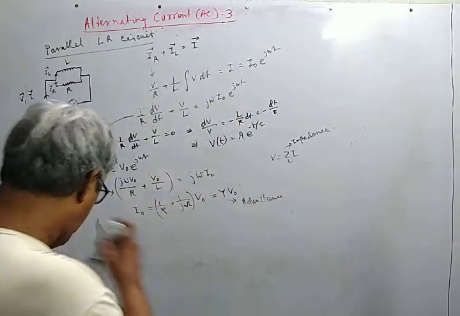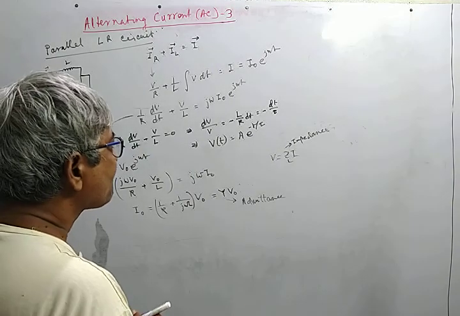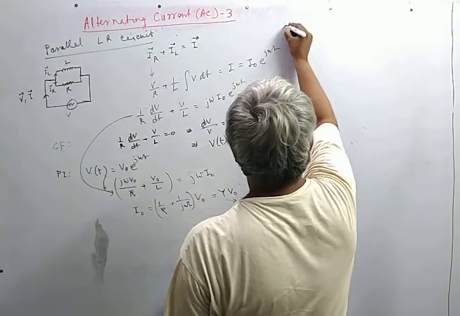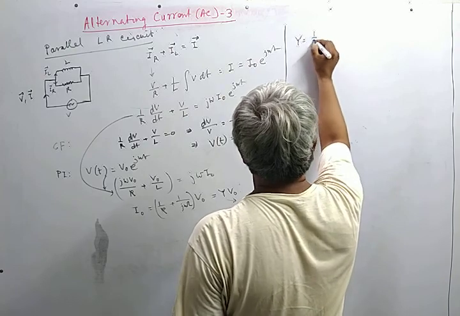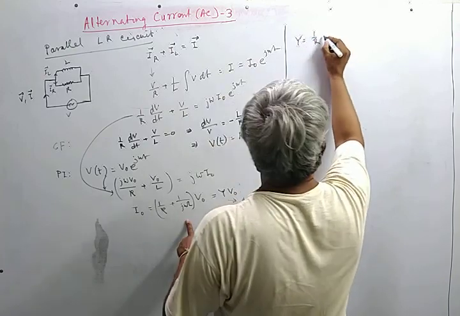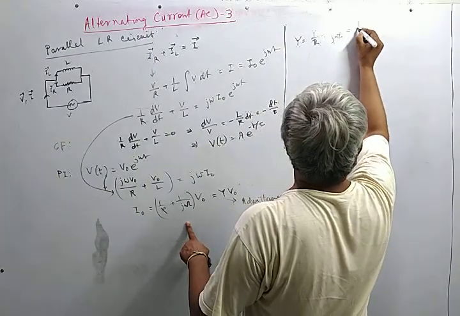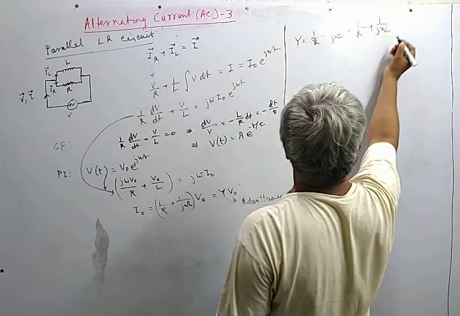So we write complex admittance, let me use this part of the board. Complex admittance is defined as Y is equal to 1 upon R plus 1 upon j omega L. This is 1 by R plus 1 by j XL.